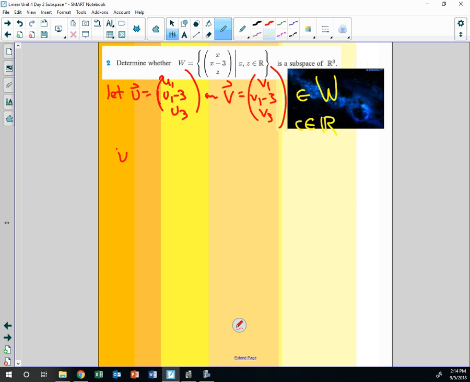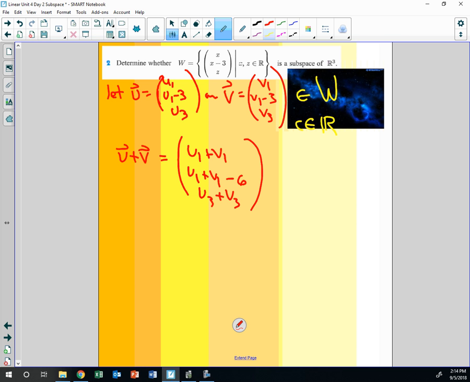Now, see what U plus V is, and tell me what you see. U1 plus V1, I see that. I get U1 plus V1 minus 6. And then I'm going to get U3 plus V3. Tell me about U1 plus V1.